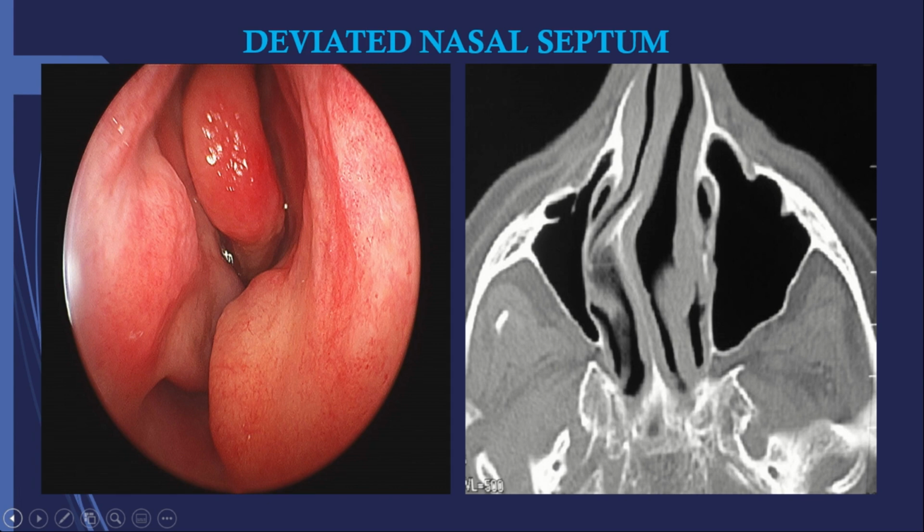The CT scan shows two maxillary sinuses along with the nose and the nasal cavity, and the midline septum has gone over to the right side with a roomy nasal cavity on the left.